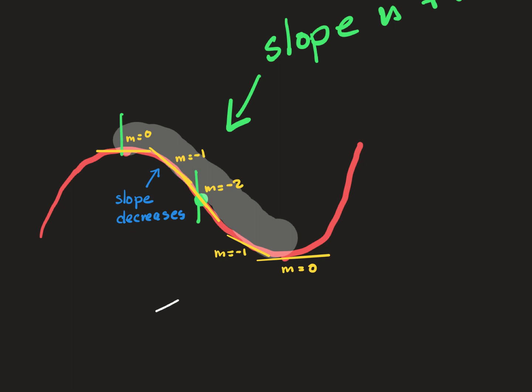So to make that point clear, if we go in this area between here and the point of inflection, our slope decreases, whereas if we look at the point between the inflection and the minima, you'll notice here that the slope increases.